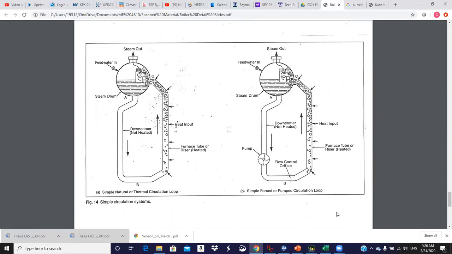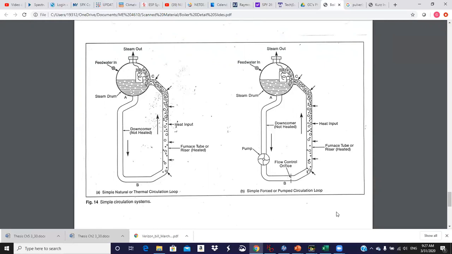And so you see on the left, we've got natural circulation, so the downcomer is not heated, so that the water on that side is denser than the water on the heated side, which is the water wall tube side of this thing that's receiving mostly radiant energy from the fireball that causes the water to boil, so the water is hotter, which makes it less dense, and part of the area inside that tube is made up of steam bubbles, and they are far less dense, and so that's that density gradient that causes that natural circulation through the loop.